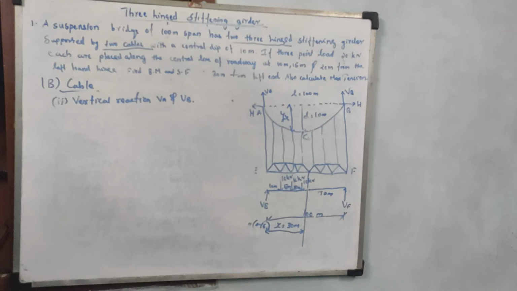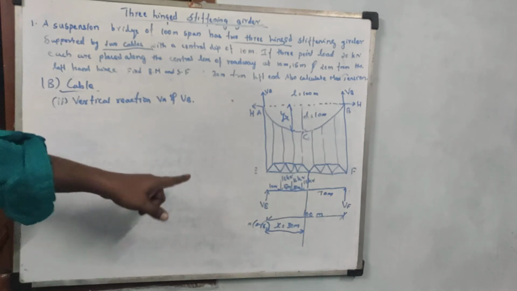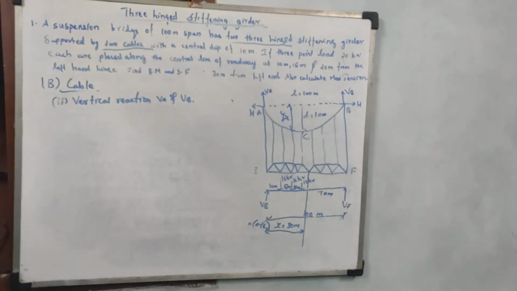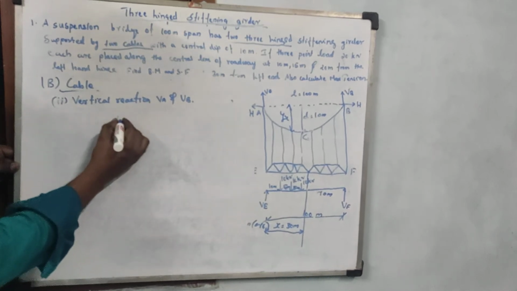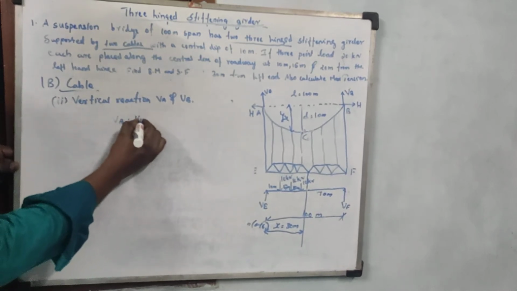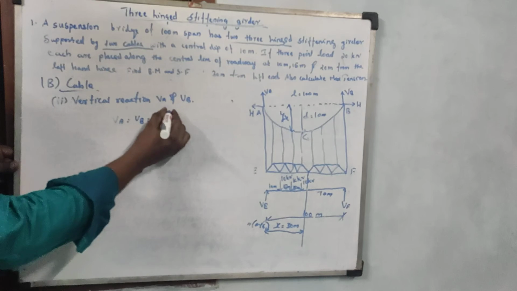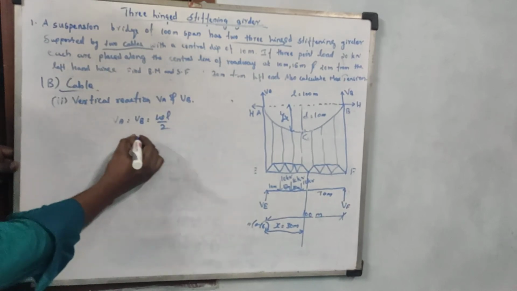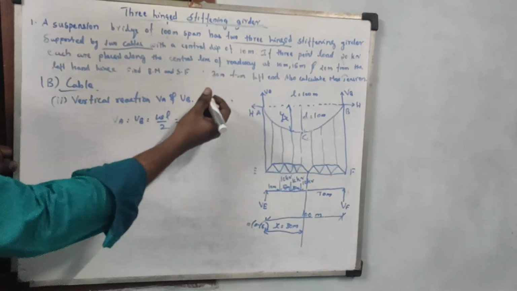Next, we have to find the vertical reaction of the cable. We have to find VA and VB. For the cable, we know that VA equal to VB equal to WL by 2.